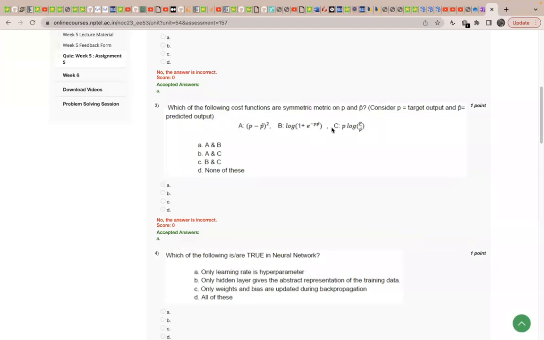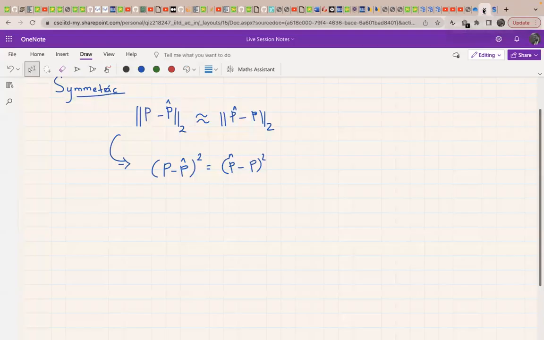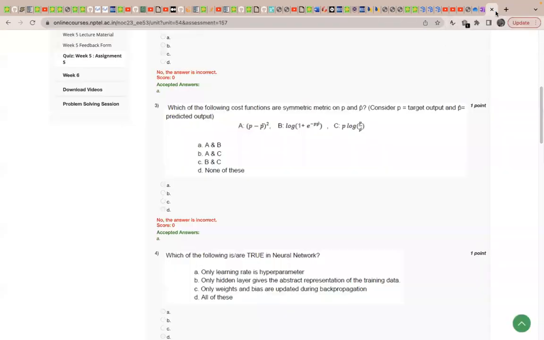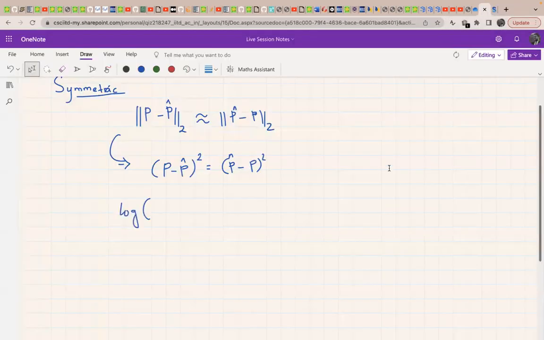In case of the second part, there is a log, which will be log of 1 plus e to the power minus p times p hat.